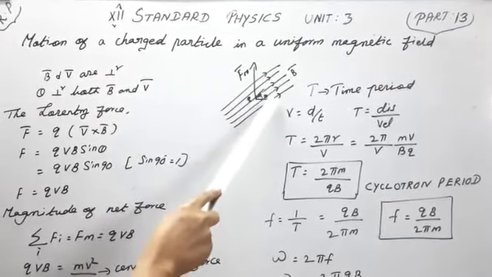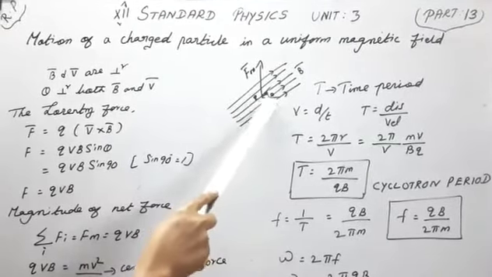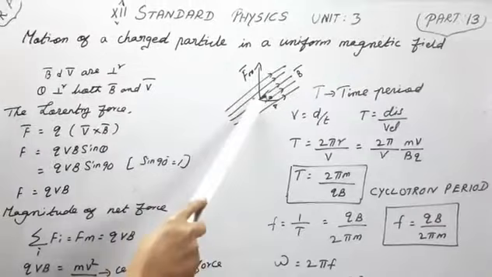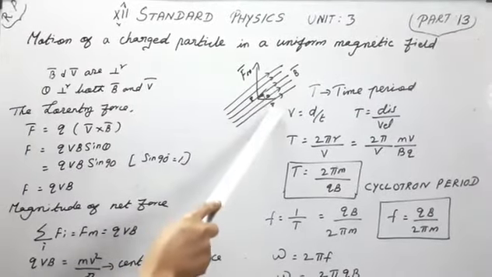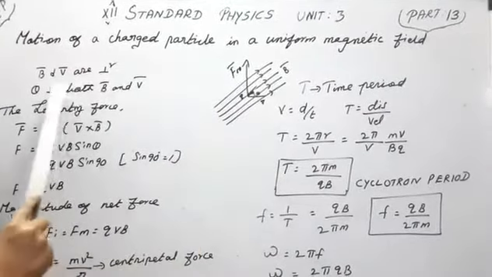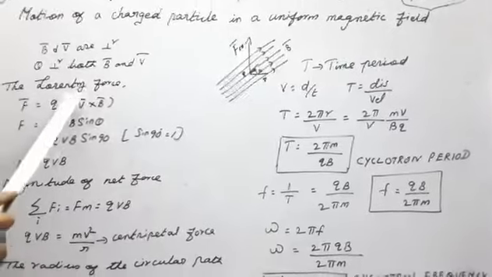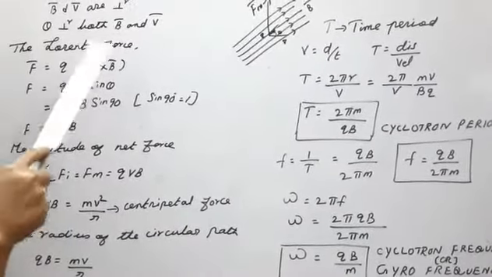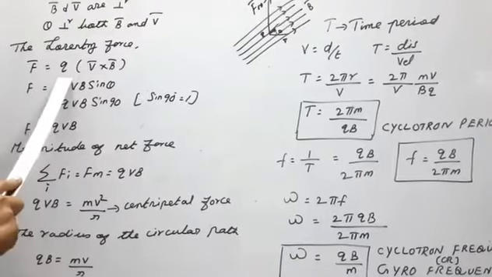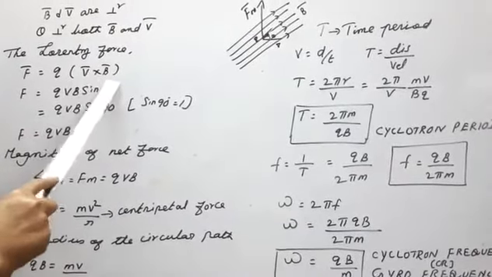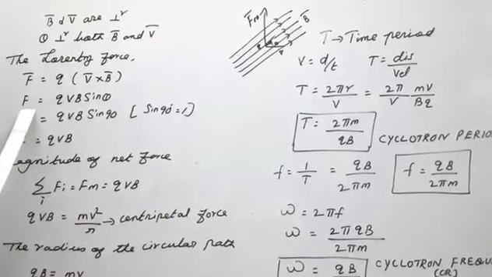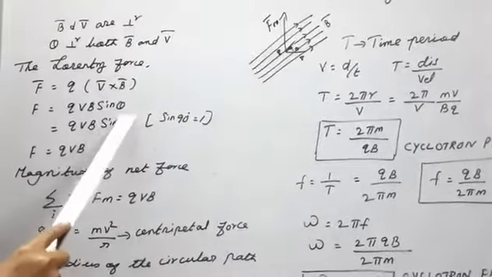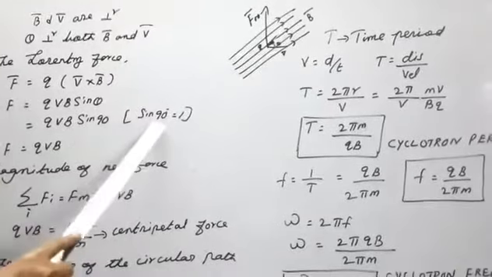The angle theta is 90 degrees, and the force experienced by the charge q is perpendicular to both the b vector and v vector. Here the particle is moving in a circular path. Therefore, the Lorentz force on the charge is F vector equals q into v vector cross b vector. The magnitude of force F equals qvb sin theta, theta is 90, sin 90 is 1.